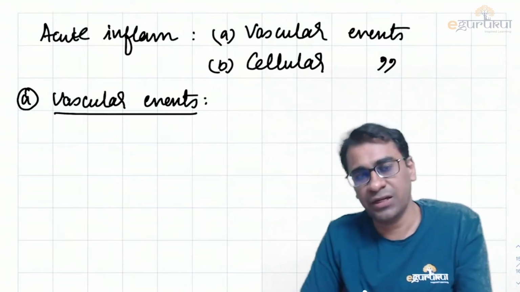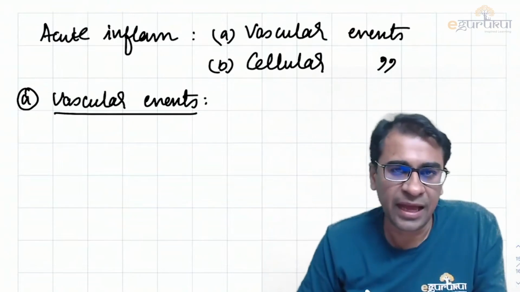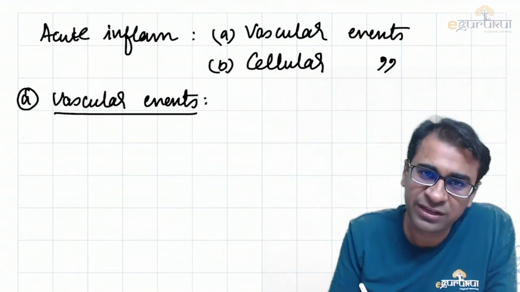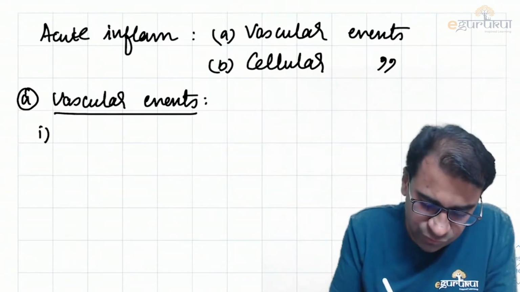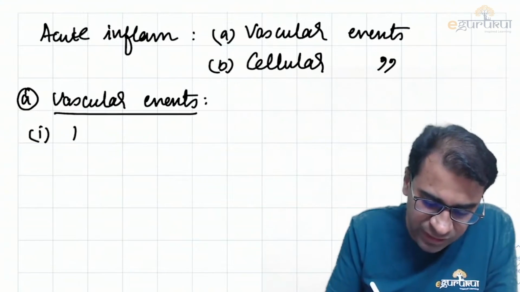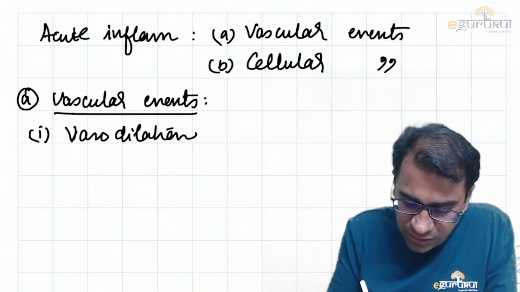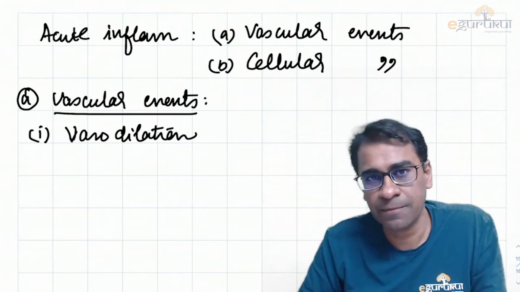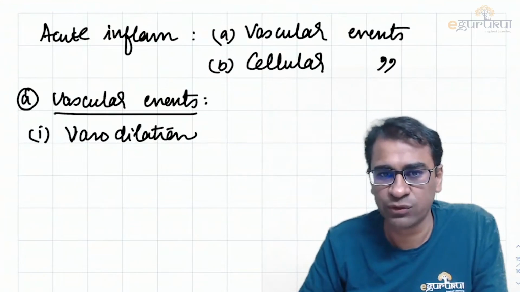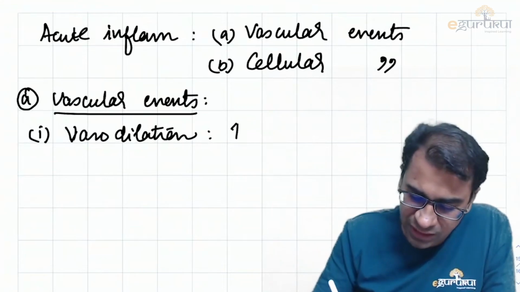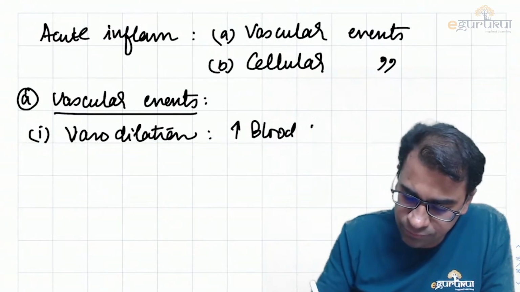Okay, look. In the vascular event, there are two sub events. First one is vasodilation, causing increase in blood flow.